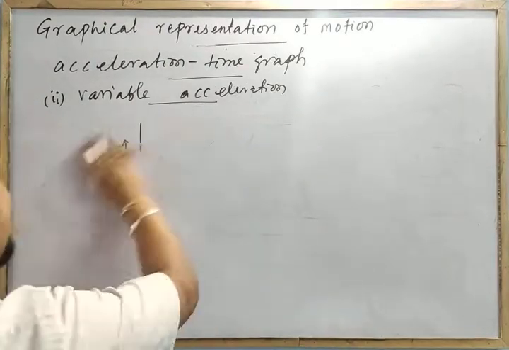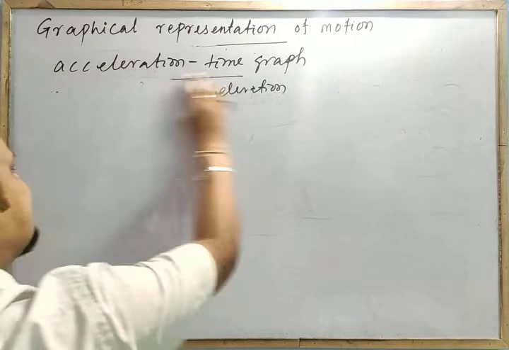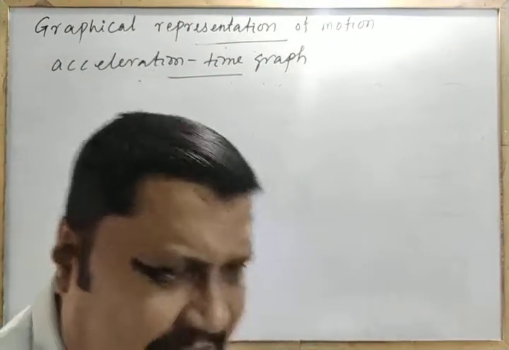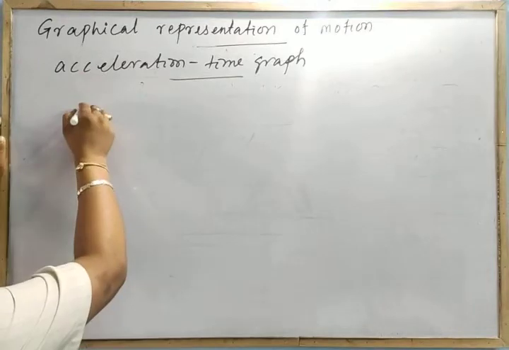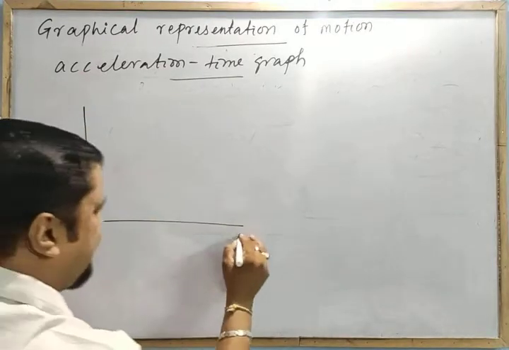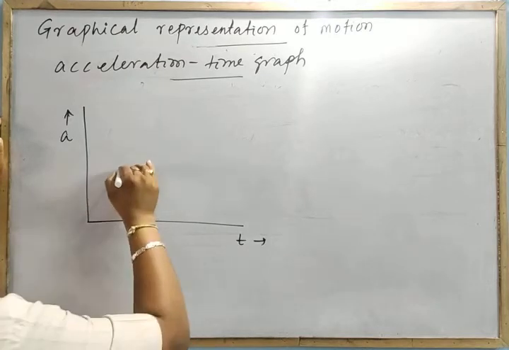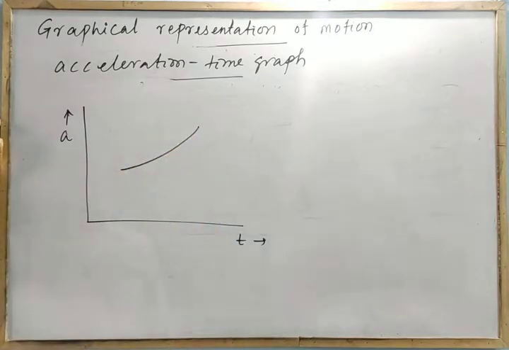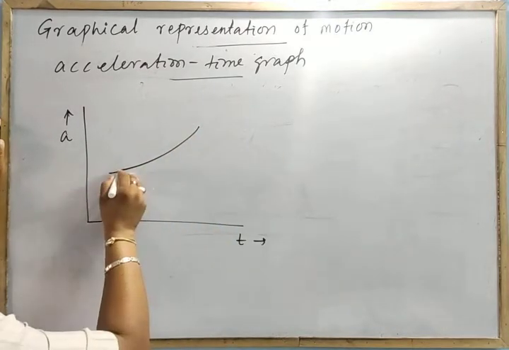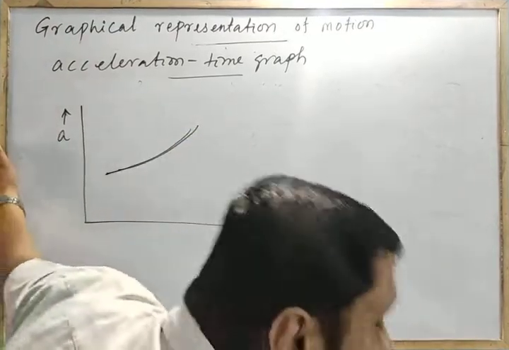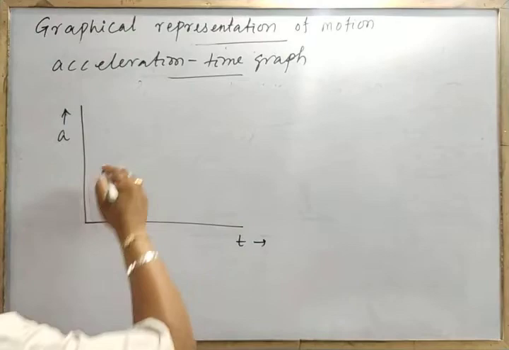Now the most important thing is that suppose I get an acceleration time graph like this. What is the significance of this graph, or what data can we get from this graph?